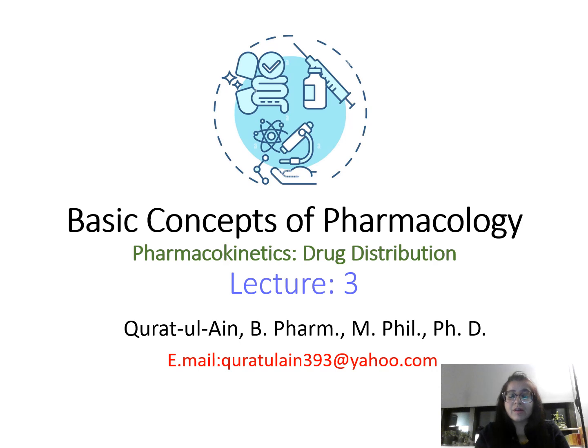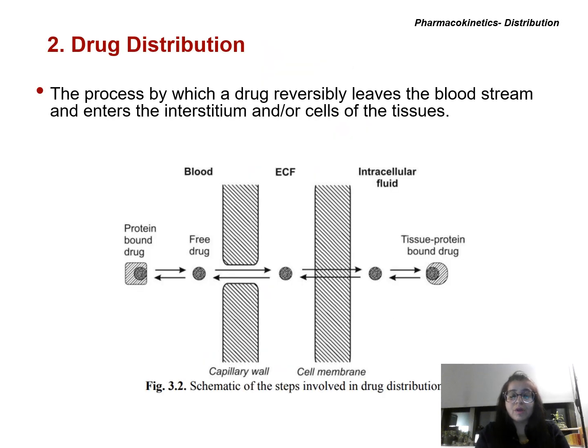So this is drug absorption. Now in drug distribution we have to understand how the drug distributes from this blood vessel, where it was absorbed after administration, to the other compartments of the body.